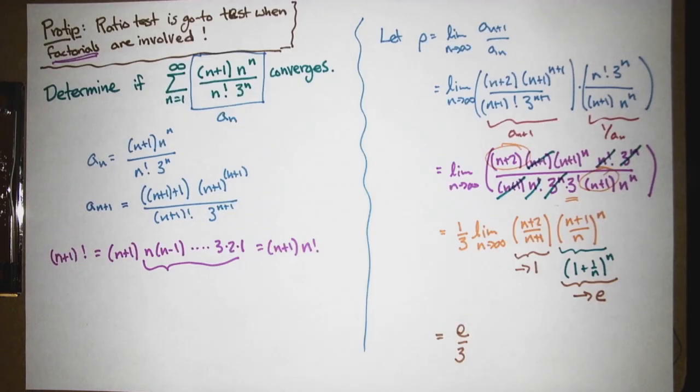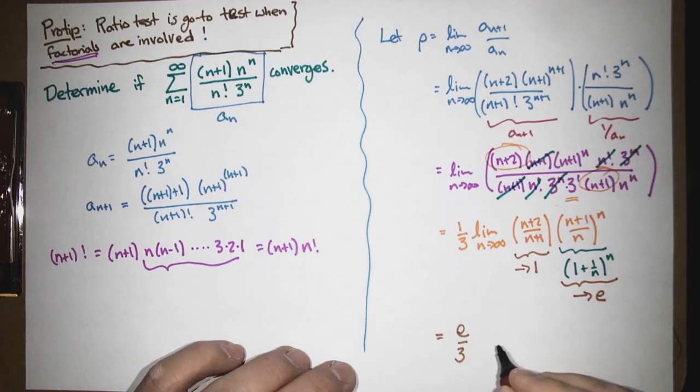It says this is behaving like an exponential function. Roughly, it behaves like e over 3 to the power n. Now, how does e over 3 relate to 1? Smaller than 1, bigger than 1, something else? It's smaller than 1.